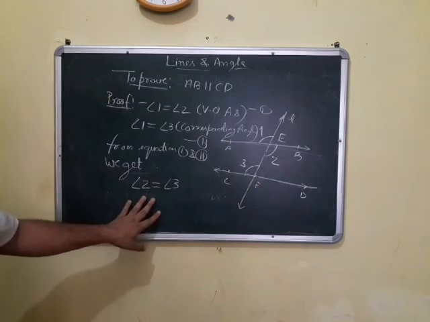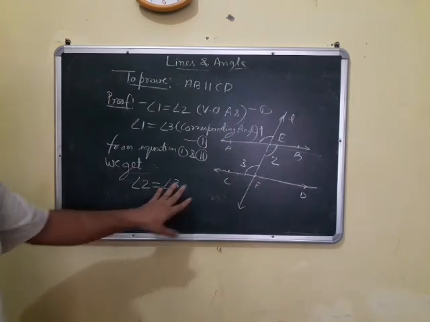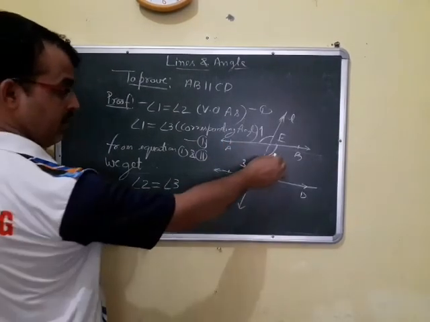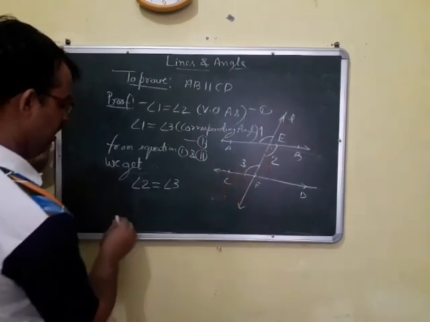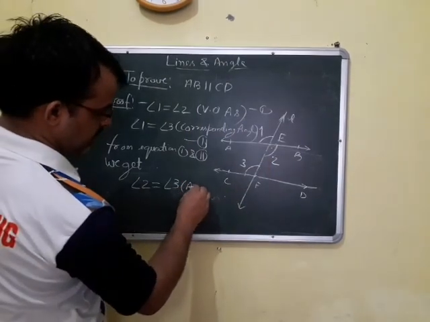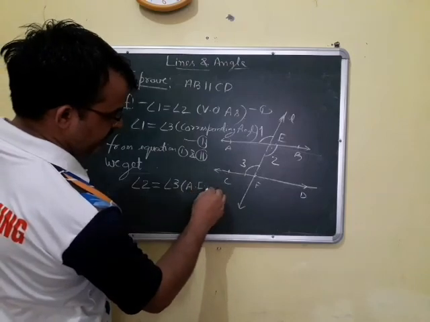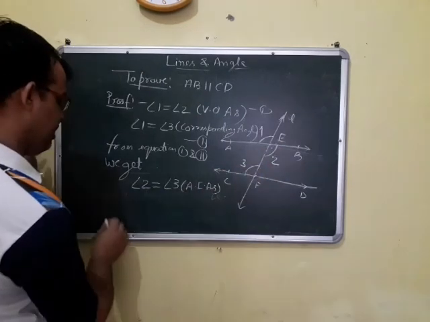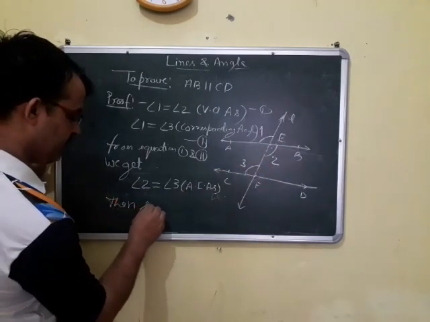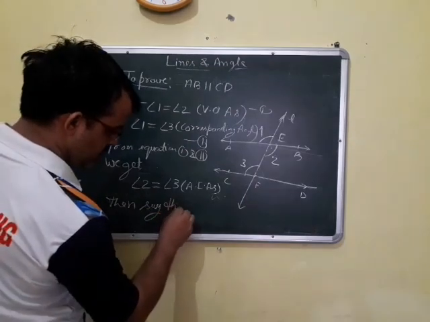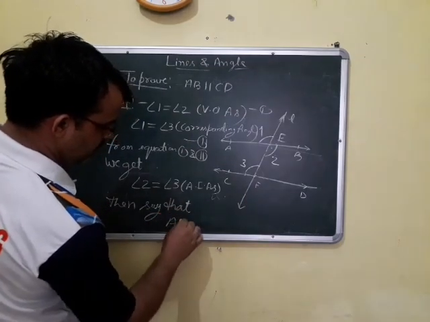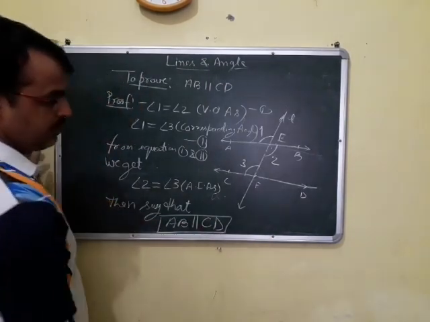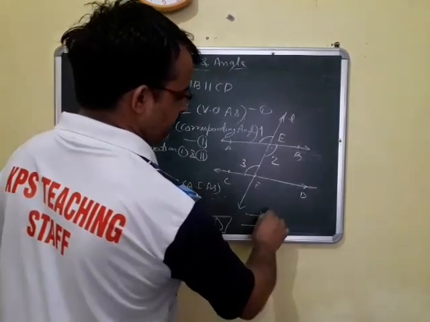Clear? So alternate interior angles are equal, then we say that AB is parallel to CD, hence proved. Clear?